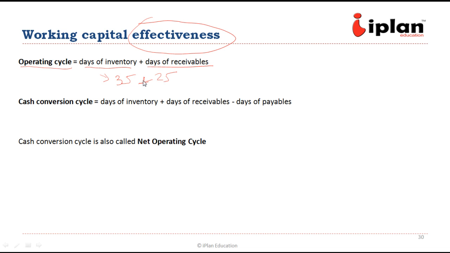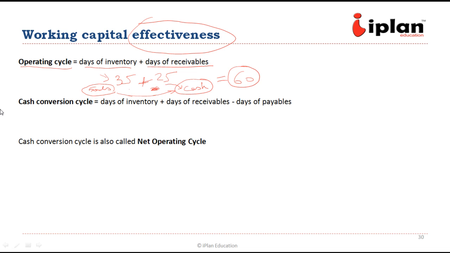That indicates that it takes 35 days on an average for the goods to reach the customer, and 25 days are required to convert it into cash. So in total it takes 60 days for the goods to be converted into cash. So this is our operating cycle.